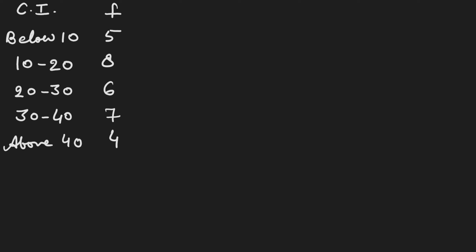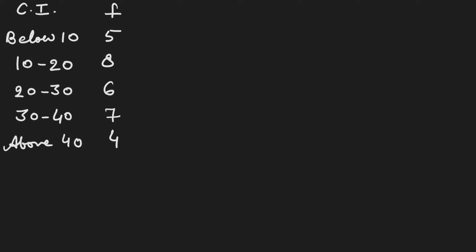So how to find out both the ends of the first and last class interval? One thing you will see is that there is uniformity of gaps between different class intervals. For example, 10 to 20 there is a gap of 10, 20 to 30 there is a gap of 10, and in 30 to 40 also there is a gap of 10.